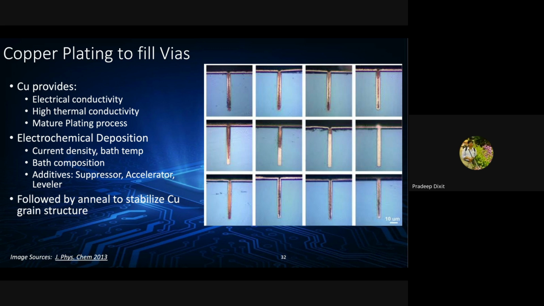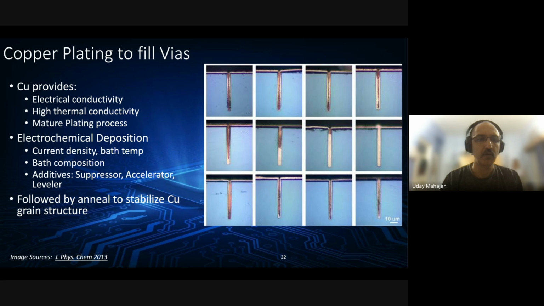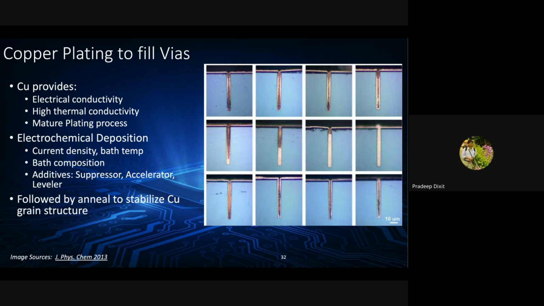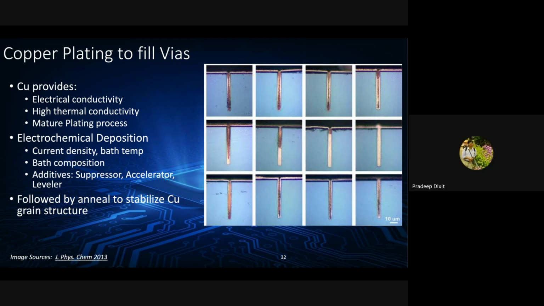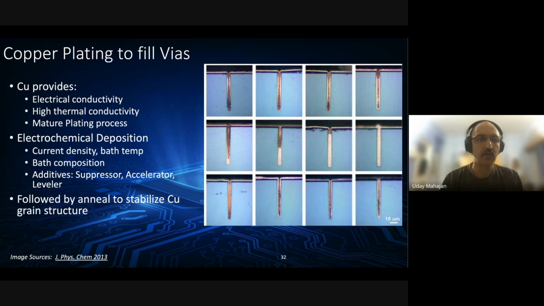These are just representative images to show the defect modes that you see of incomplete plating, seam formation or void formation versus the continuous bottom-up fill process. I don't think this process is necessarily used in the industry, but this is public, early available information. I used it as a nice representation on the same structure of a process that actually works versus a process that does not work.